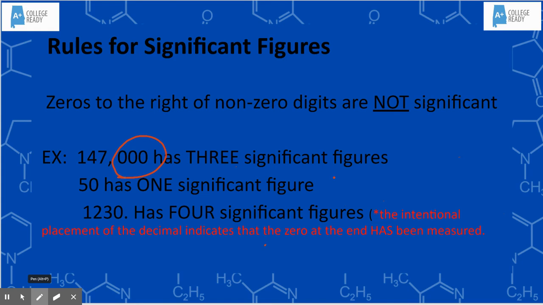And 1230 with a decimal has 4, because that 0 is to the right of a non-zero digit, but that decimal right there, that intentional placement of the decimal, means that you are estimating as best you can out to that decimal place.